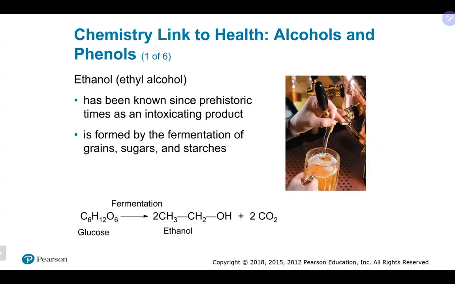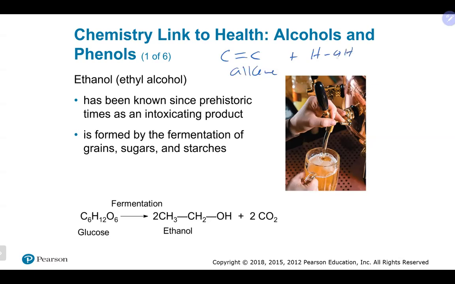So obviously some alcohols and phenols. Ethanol, which is ethyl alcohol, has been known as the good alcohol, I guess. It is made by fermentation of grains, sugars, and starches. By the way, we produce alcohols. We saw that reaction earlier today and last time. We actually make an alcohol right from a reaction of an alkene plus some water.